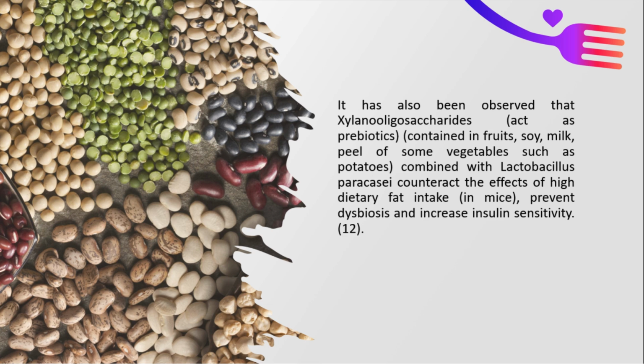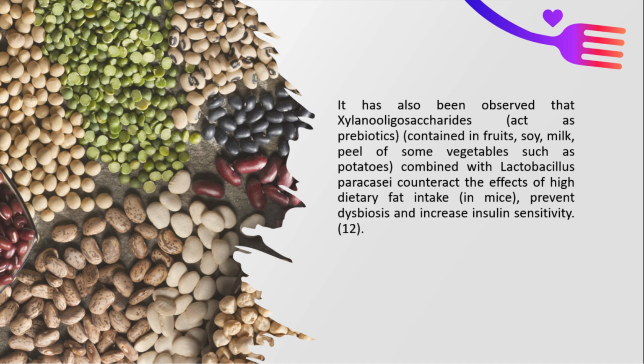Xylooligosaccharides are prebiotics that show evidence of improving gut health by promoting the growth of probiotic microorganisms, particularly from the Bifidobacterium and Lactobacillus genera. When consumed between 1 and 4 grams per day, they promote eubiosis.